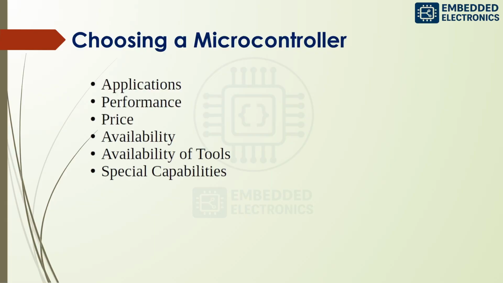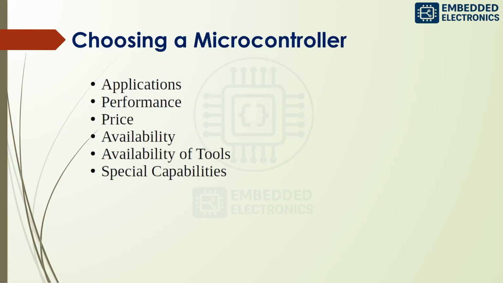For example, if your aim is blinking an LED, which microcontroller will you use? An 8-bit microcontroller. For motor control, a 32-bit microcontroller. For smart home, you are going to use ESP32. For medical devices, you are going to use a certified microcontroller.